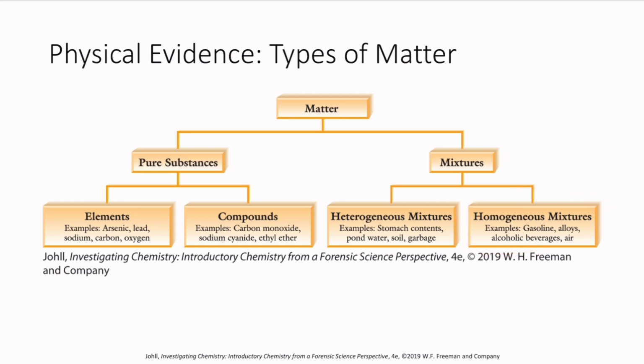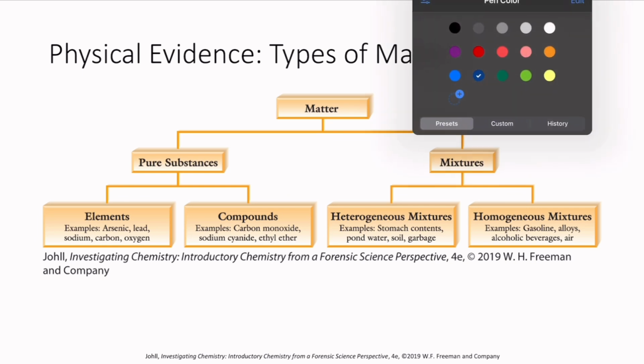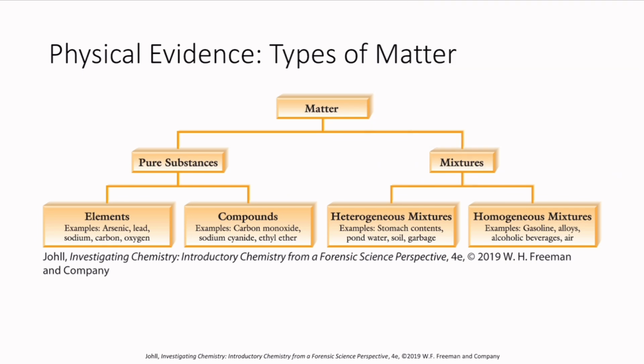Now, like I said before, if you were to change an element or a compound, you would change the identity of the substance. So a change results in a change of identity.